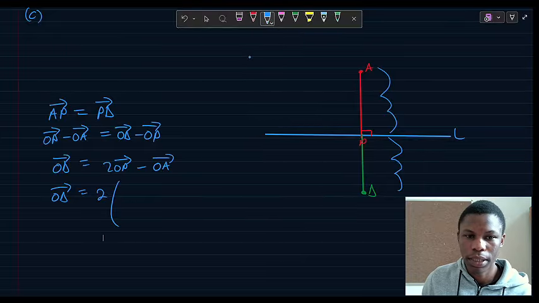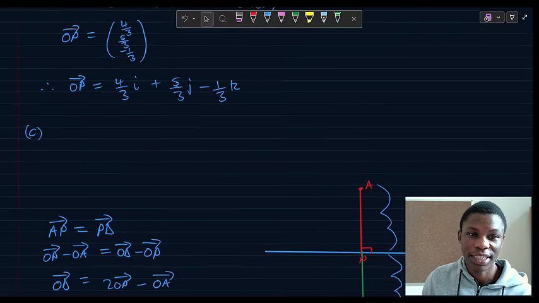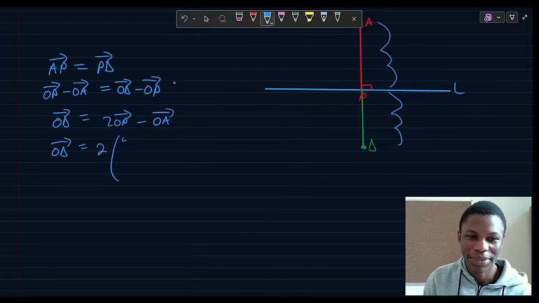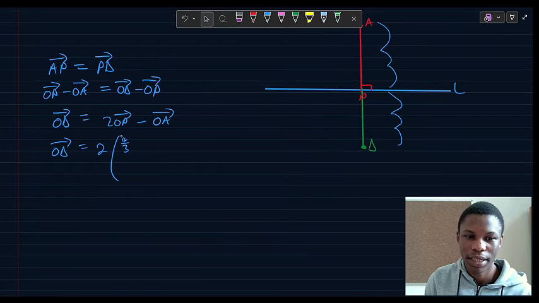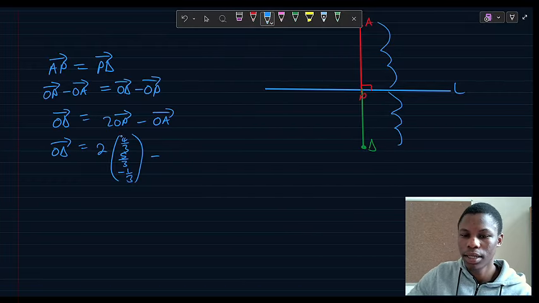What was our OP? I'm going to use a column vector for now, but we'll sort things out in our final answer. 2 times 4 thirds, 5 thirds, negative a third, minus OA.